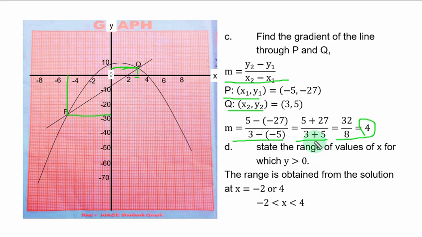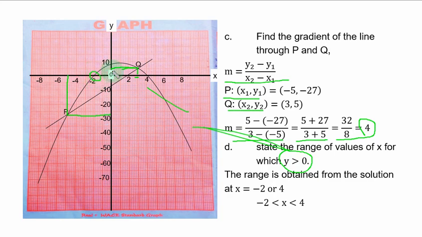D states the range of values of s for which y is greater than 0. For us to get this range, you have to assume y to be equal to 0. So when y is equal to 0, it means the point where the curve cuts the s axis, that is one point is here.